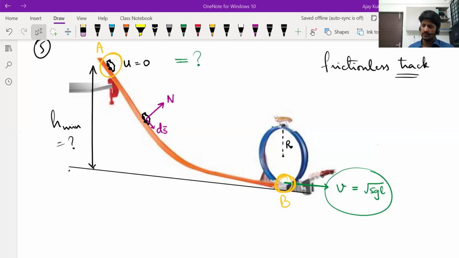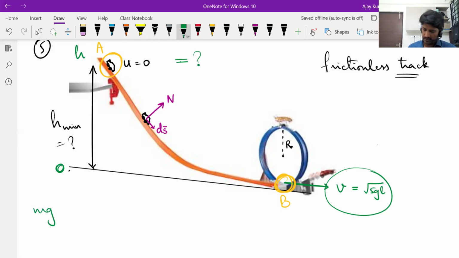Okay, I got the answer from Vanilla. It is 5r by 2, 2.5 times the radius. Okay, simple mechanical energy conservation. Let's assume ground is 0 level. Then this initial height is h. That is what we need to find out.